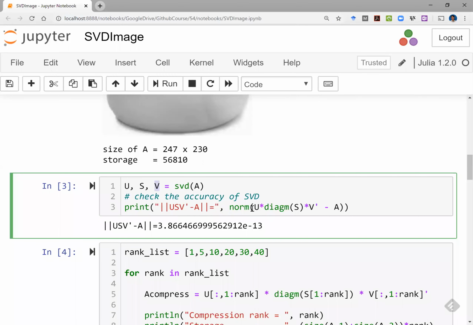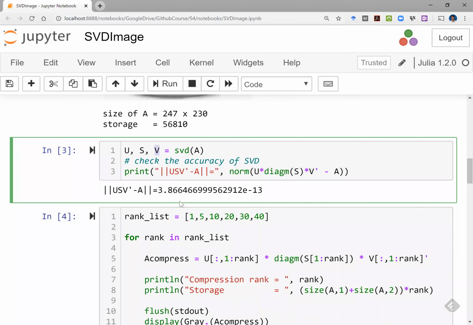What I'm showing you is the difference between A and U S V transpose. This double bar means some norm, you don't need to worry about that. It just says the error is really small, and therefore A is numerically equal to U times a diagonal matrix times V transpose.